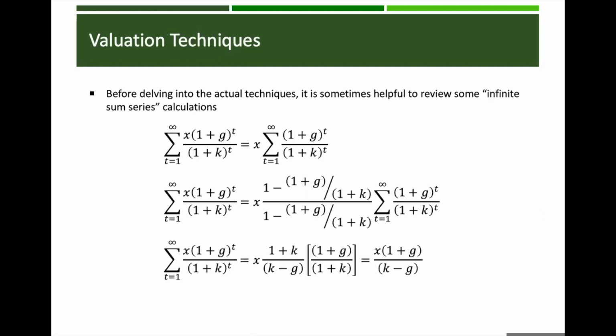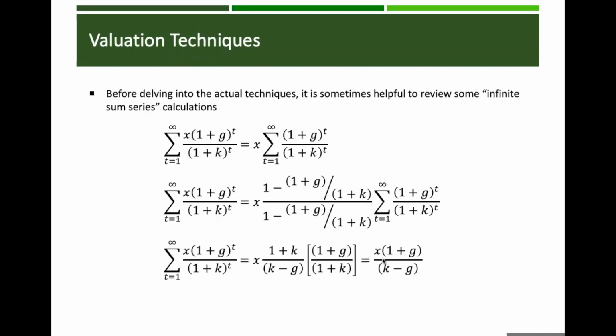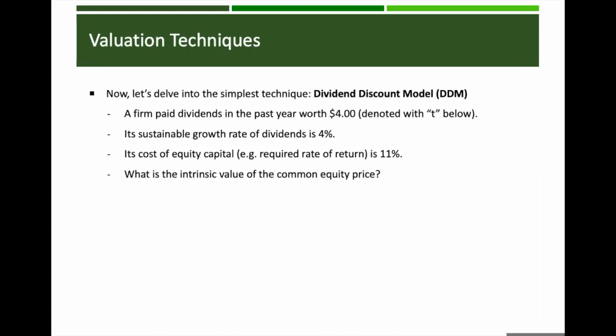This is a proof of why this equation holds. But I think understanding how these summation notations work makes it easier than me just telling you, memorize this formula here at the end, (1 + g) divided by (k - g). I don't think that's as beneficial.